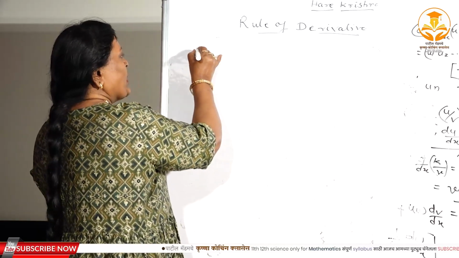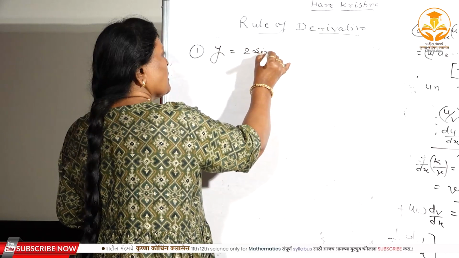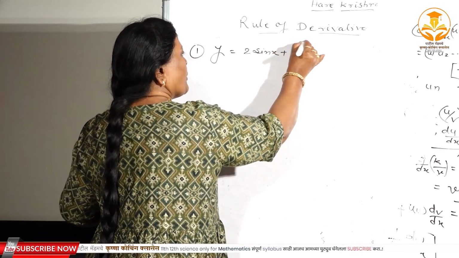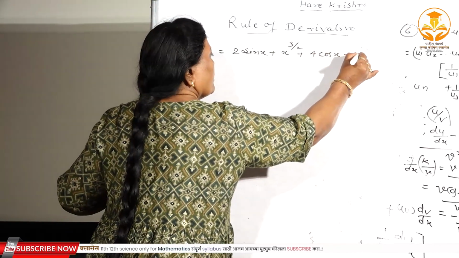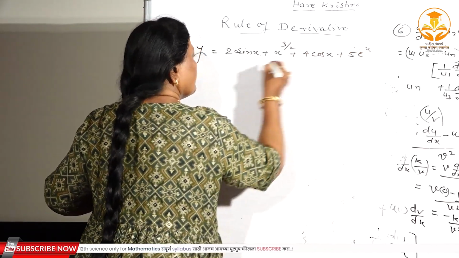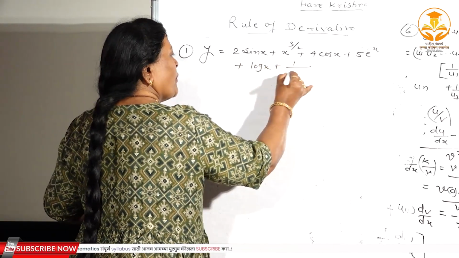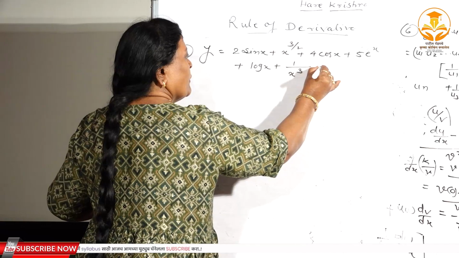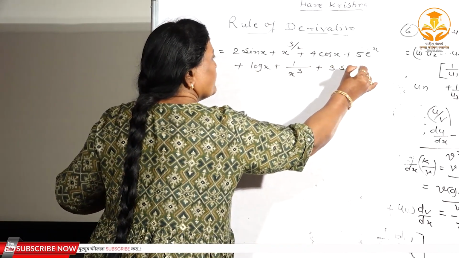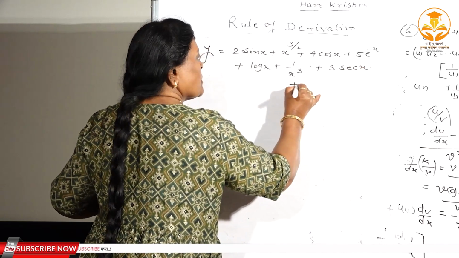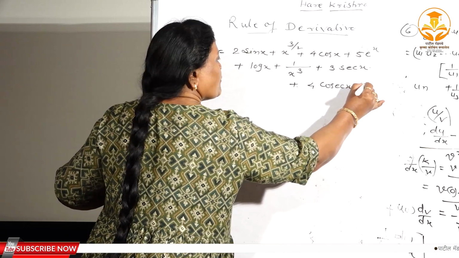I will take one simple example here. y is equal to 2 sin x plus x to the power 3/2 plus 4 cos x plus 5 e to the power x plus log x plus 1 upon x to the power 3 minus or plus 3 sec x, again plus 4 cosec x and plus 5 cot x.